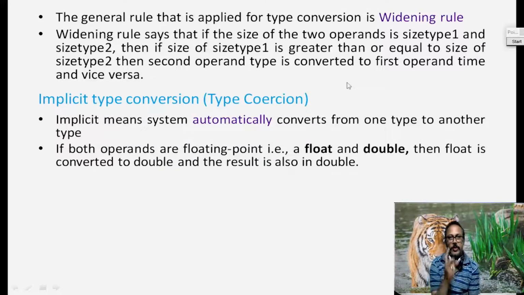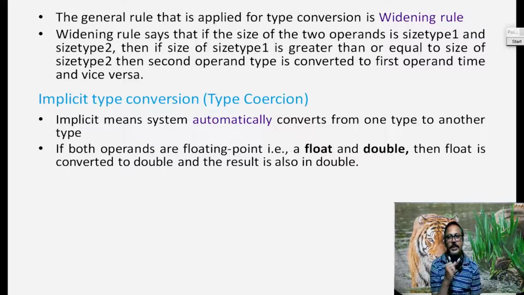So that means you take two operands, and if the size of this one is greater and the size of this one is less, then this one is converted to this type. That is the widening rule.